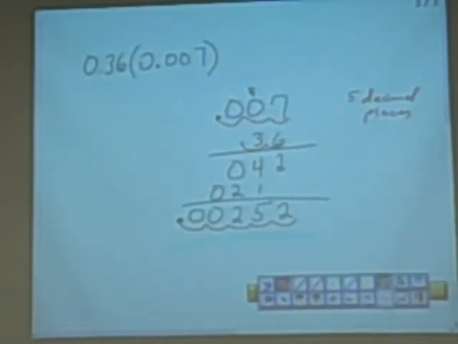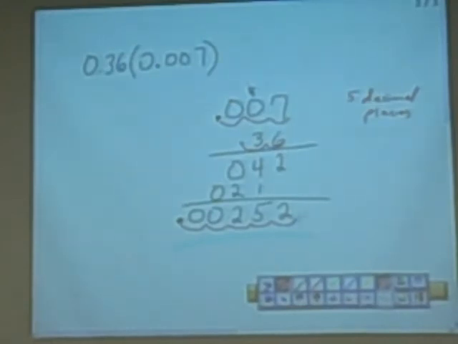So I was wondering where we would get that other number from. Yeah, it's because of the decimal place. Alright. And if you're having trouble with placing that decimal, you may want to even write out 5 decimal places, or however many you counted from the 2 numbers that you're multiplying.